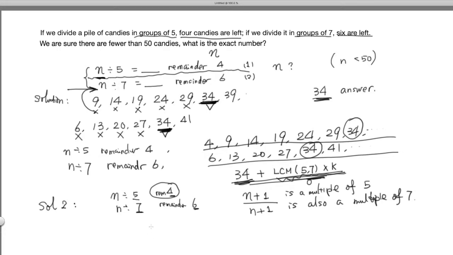Which means 5 divides n plus 1, and 7 also divides n plus 1. So n plus 1 is going to be the least common multiple of 5 and 7 and a multiple of that.